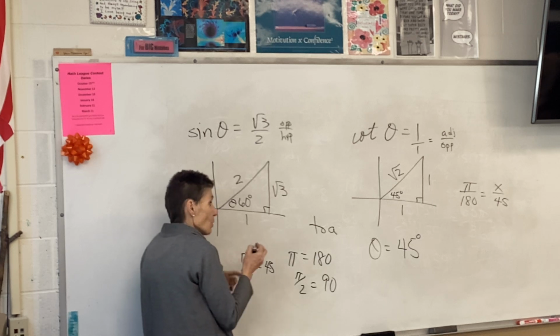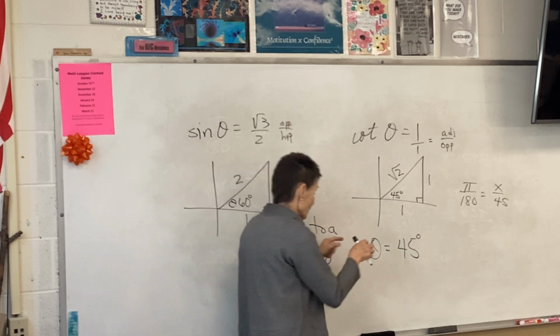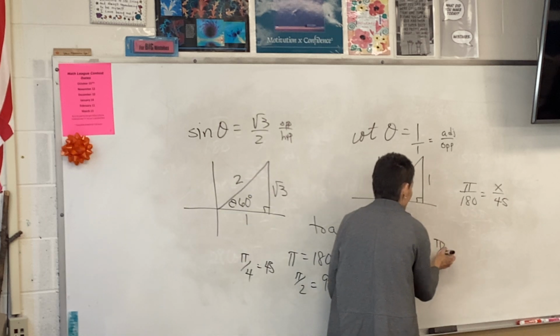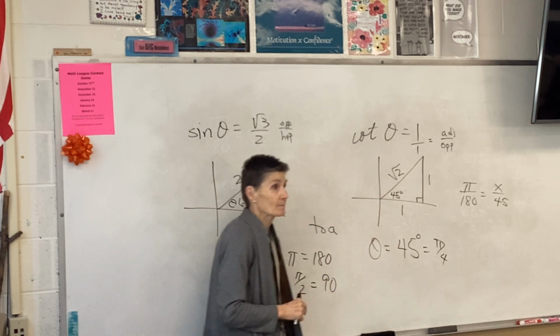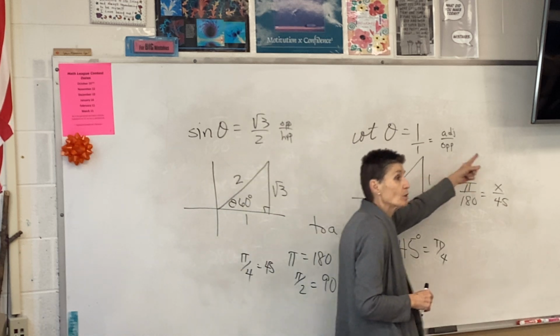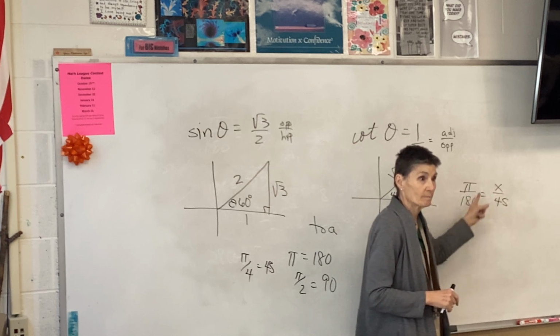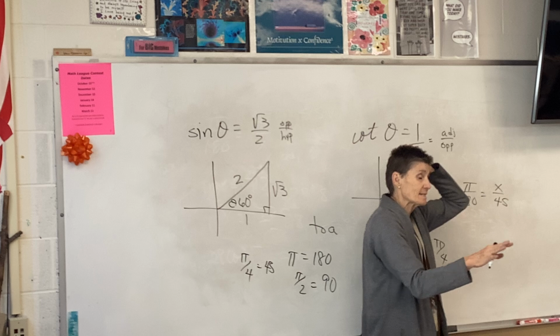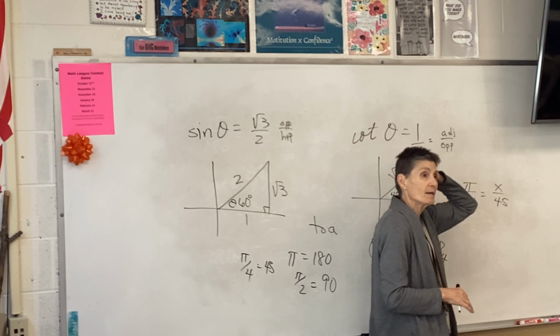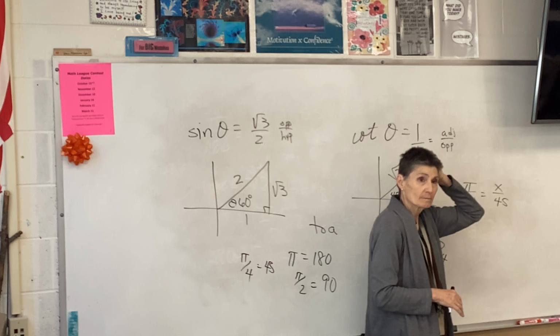That's right. So kids, you don't have to show an ounce of work. If you know 45 is pi over 4, that's great. I'm glad you know that. If you don't know that, then you can always figure it out setting up your proportion. What's 60? 60 is pi over 3, 180 divided by 3.